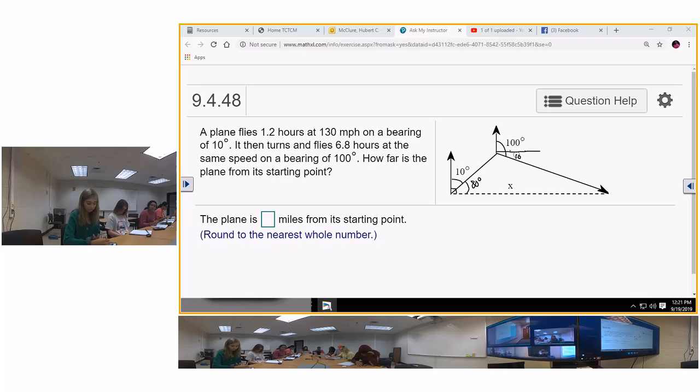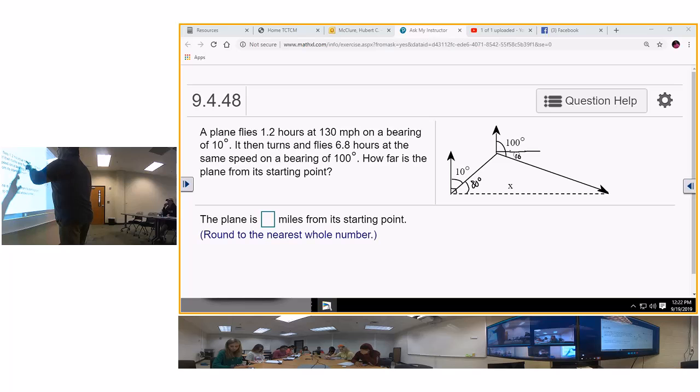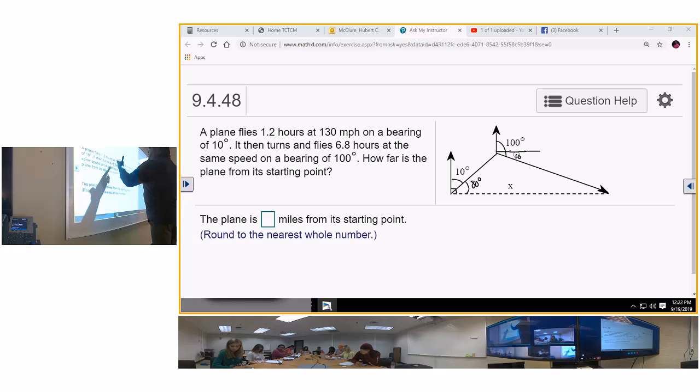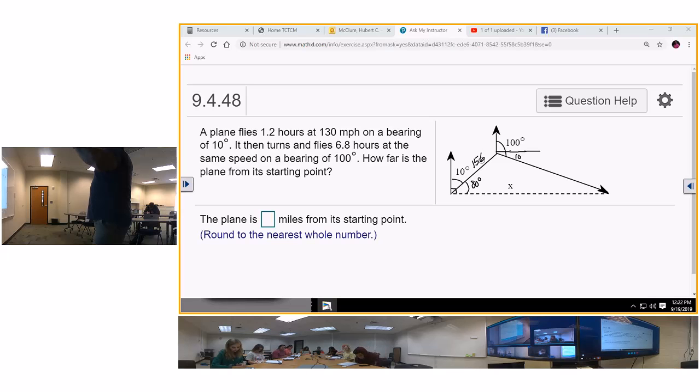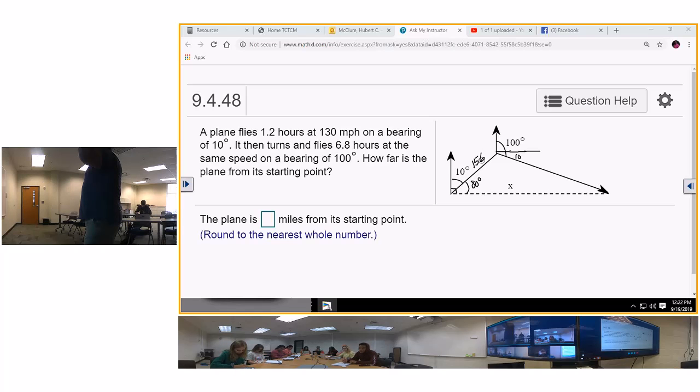And we know that 1.2 times 130, let's say 2 times 13 is 26, so that'd be 156. Somebody see if that's 156. That's right. Yes. 156, and then 130 times 6.8, 6 is going to be 780, and then 8 times 13.